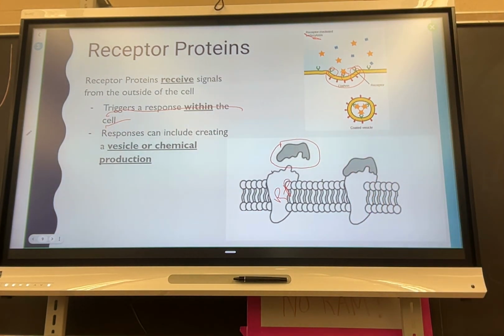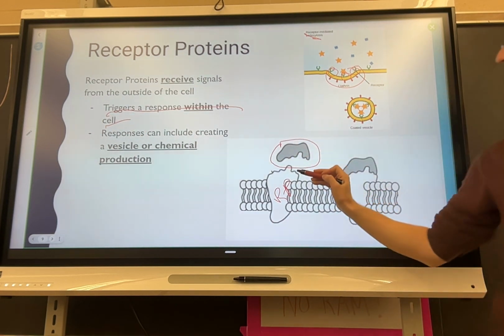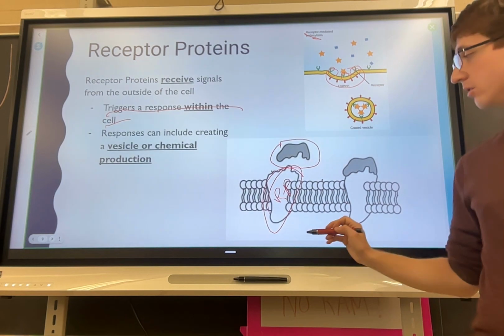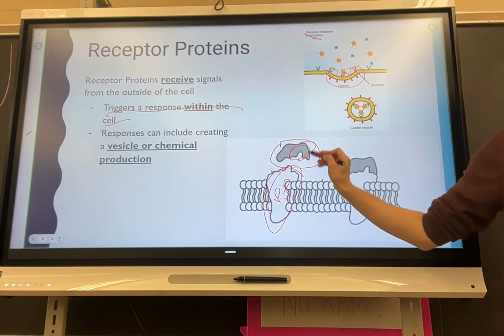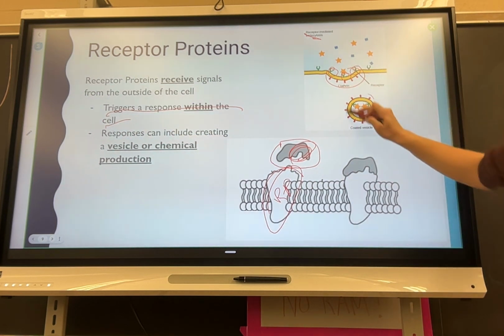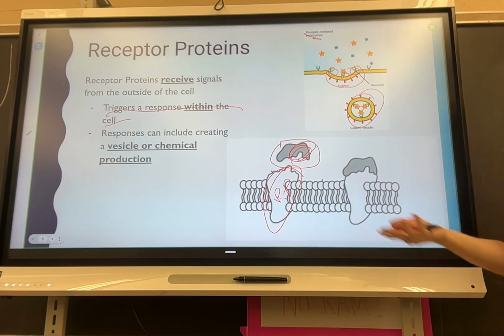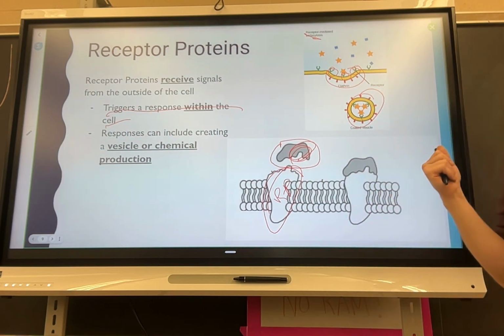One of those was response to stimuli. In this case, we are responding to stimuli. We have a receptor here, it responds to this particle, this stimulus, and it elicits a response, whether that is to create a vesicle, or to make a bunch of chemicals, whatever it's for. We are showing that our cells are alive because they can physically respond to stimuli.